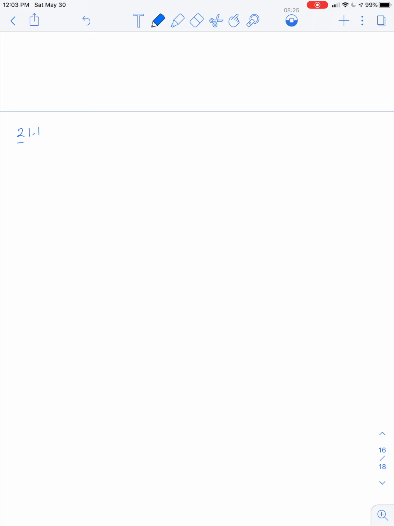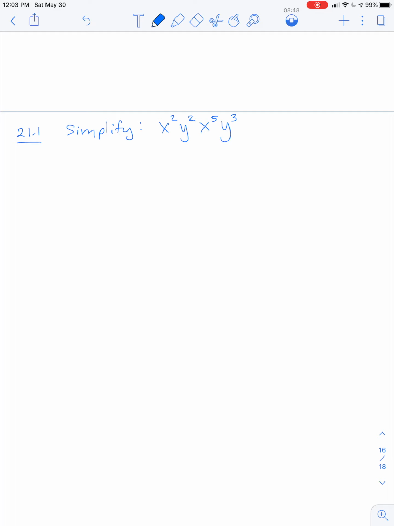So this is 21.1 in your book. It's on page 92. If you want to be there with me, you can be. But you're going to be given a problem that looks like this, and you're going to be asked to simplify it. You'll have x squared times y squared times x to the 5th power times y to the 3rd power.